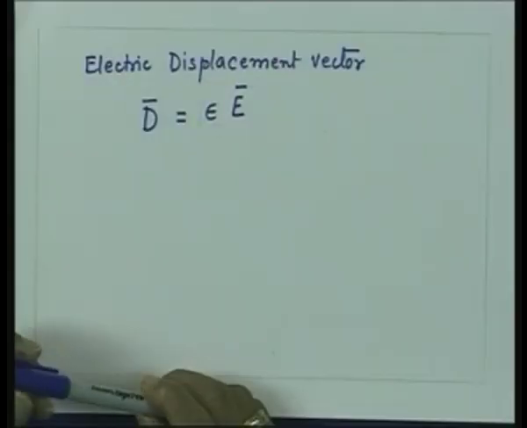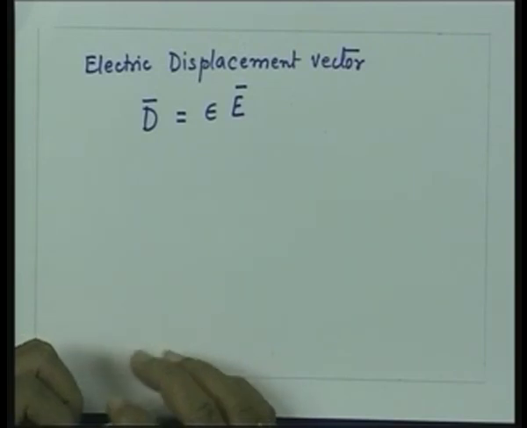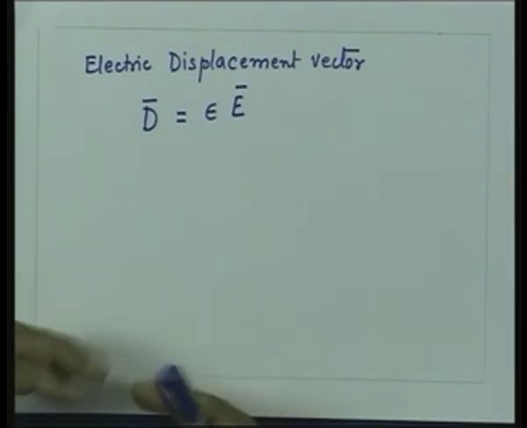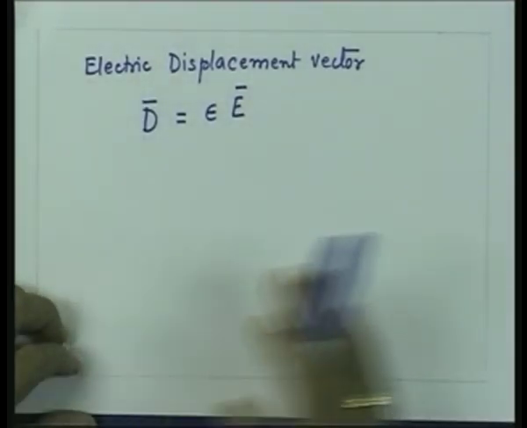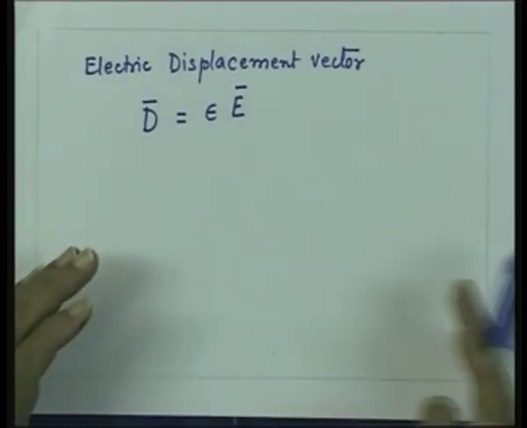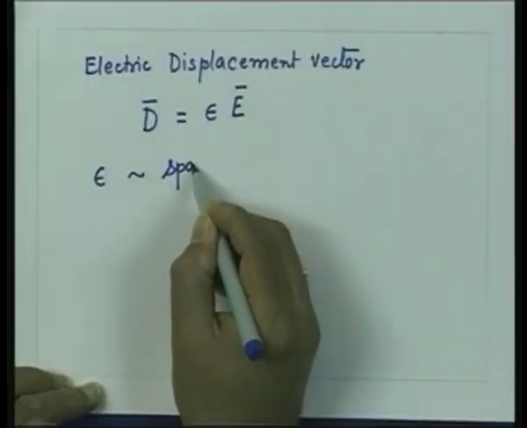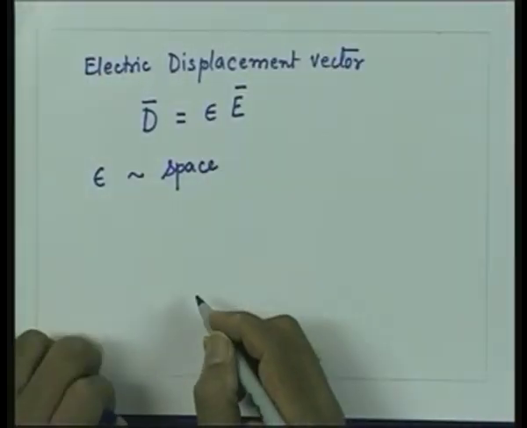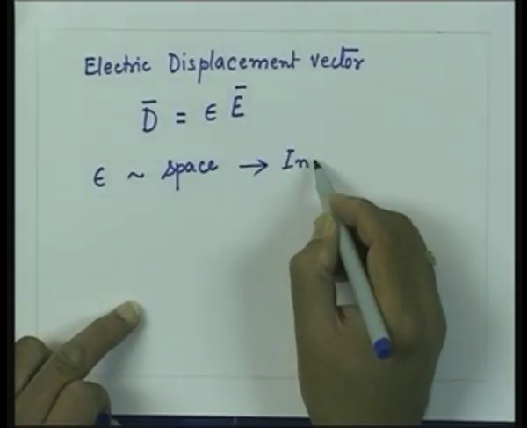So, in general, this quantity epsilon may be direction dependent, it may be space dependent. So, if epsilon varies as a function of space, then we call the medium as an inhomogeneous medium. So, epsilon varies with space, this gives you the inhomogeneous medium.